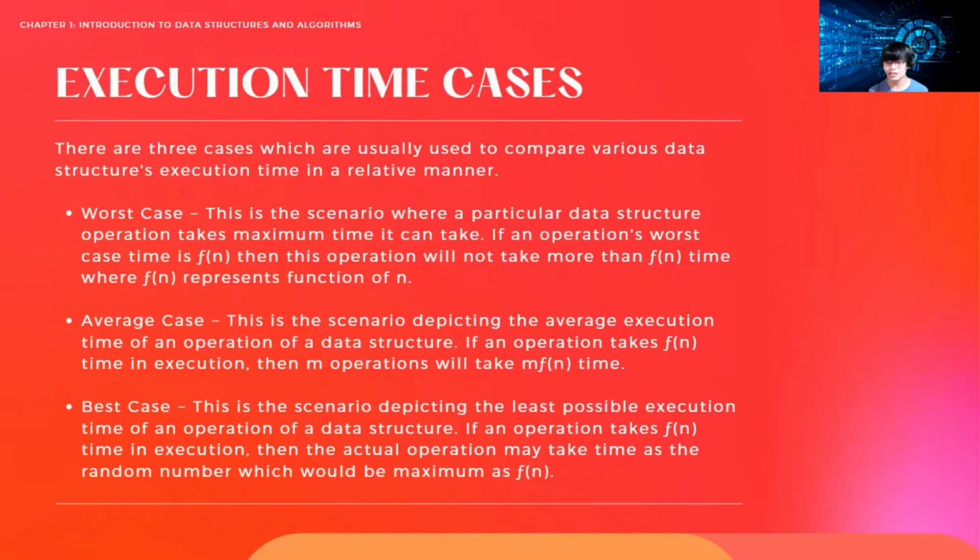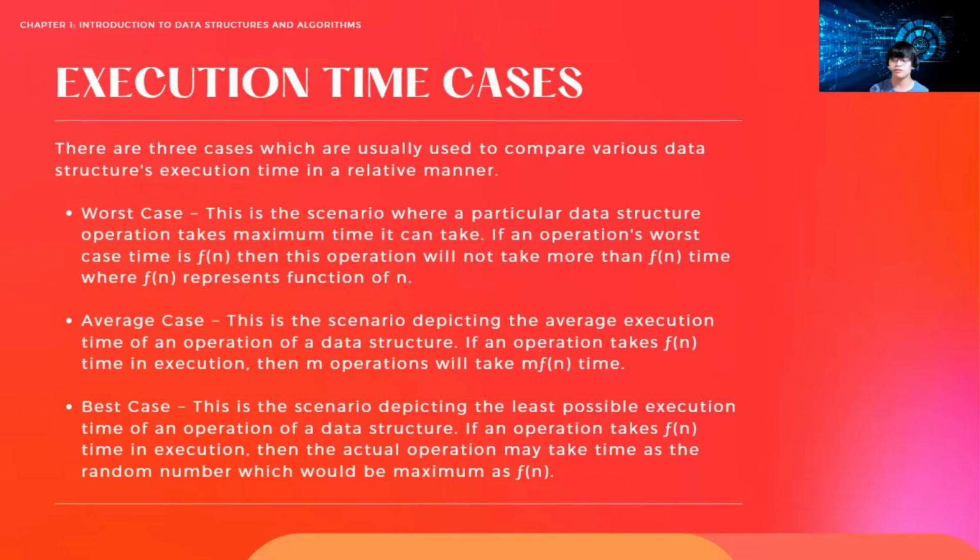The average case depicts the average execution time of an operation of a data structure. It is just the average. So let us say, for example, an operation takes f of n time in execution, then m operations will take m times f of n time.